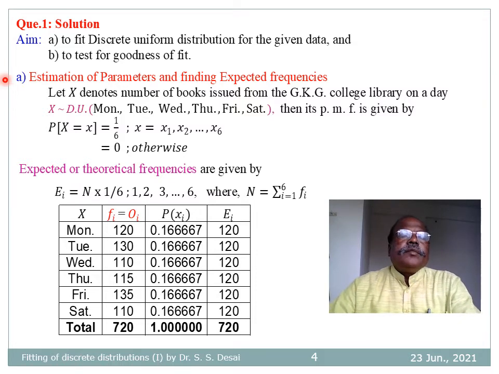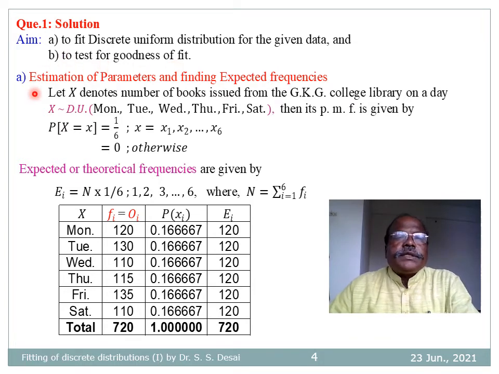Now let us see the first problem from fitting of discrete uniform distribution. Here the aim is to fit discrete uniform distribution to the given data, and the second part here is to test goodness of fit.